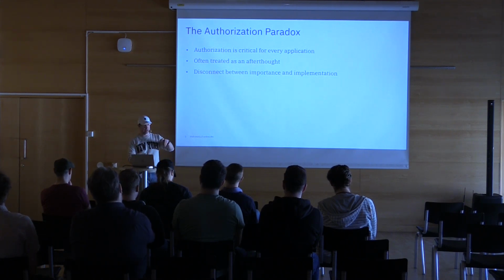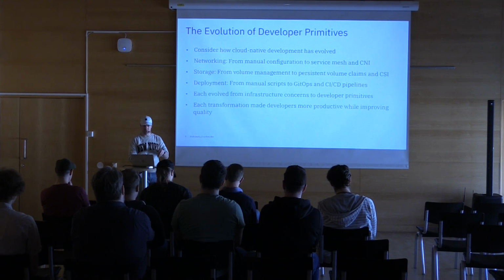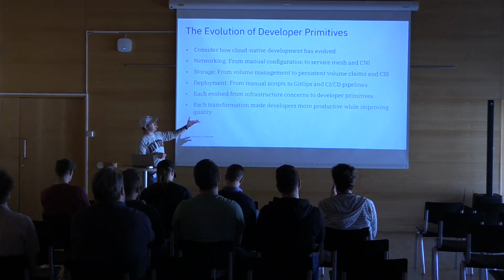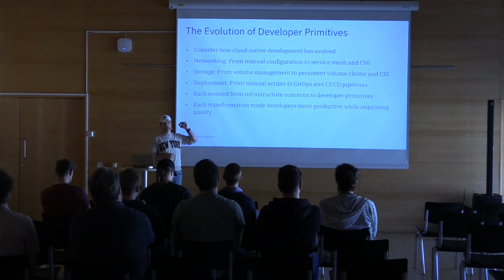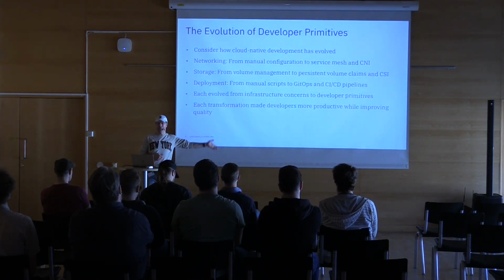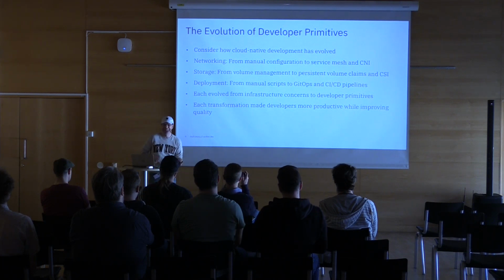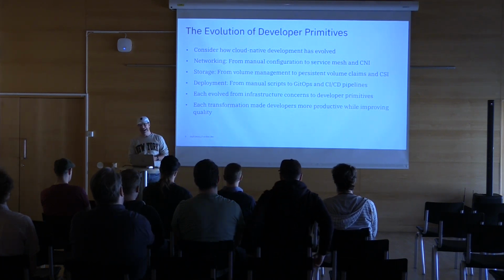This disconnection is kind of the central thesis today. So we have to think about, and here I have on the slide, how cloud native development has evolved. I literally just did a version of this talk at KubeCon, so sorry, my slides are a bit more geared towards that right now. But to use more examples: networking went from basically telnetting into Cisco routers and updating configurations on the fly, and now we have service meshes and CNI.